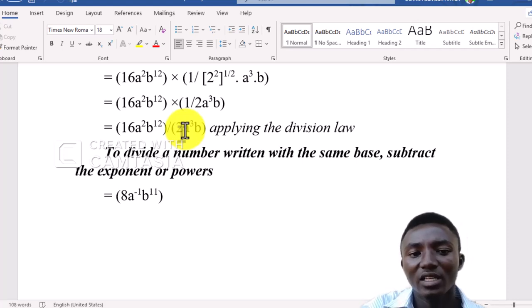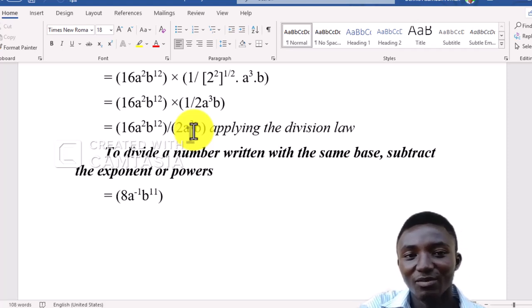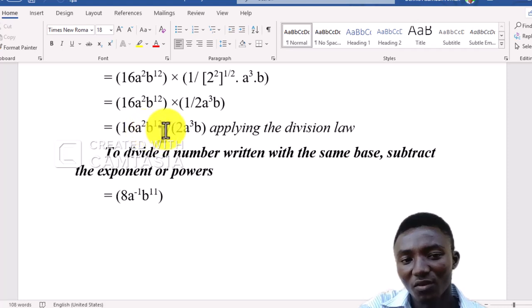The rule tells us that we need to subtract the exponent. So we have a square and this one a cube. So it becomes 2 minus what? 3. I intentionally didn't show that in the subsequent solution, but per the explanation I'm giving, I'm sure you understand. Yeah, so we have 2 minus what?